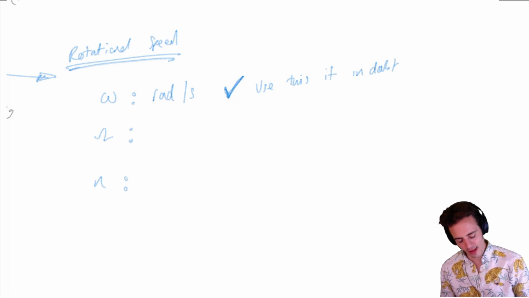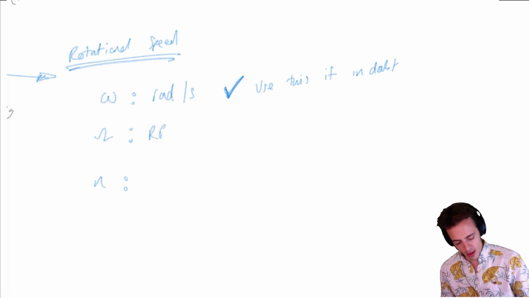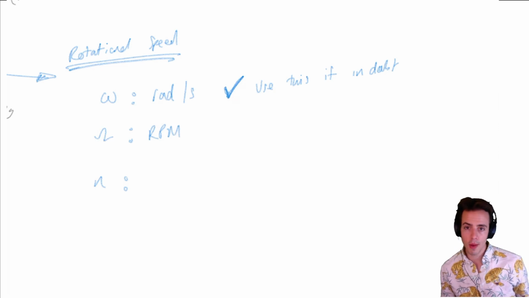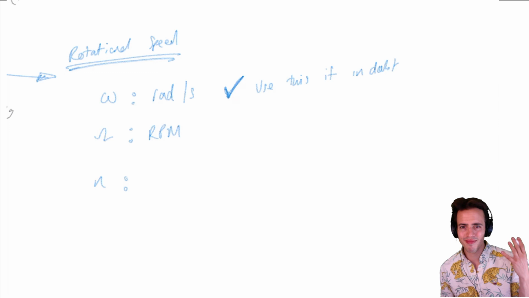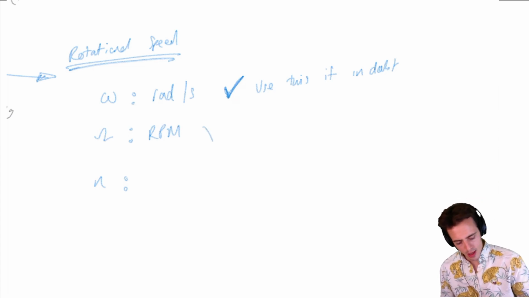So then uppercase omega, this is just my shorthand for revolutions per minute. We often talk about rotational speed in revolutions per minute because that's quite useful as a sort of human understandable attribute. So we talk about, say, a scale model propeller might rotate at 6,000 RPM. Something like a Doughty R408J goes at about 800 to 900 revolutions per minute.